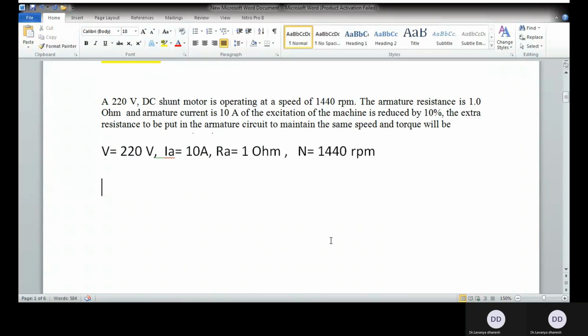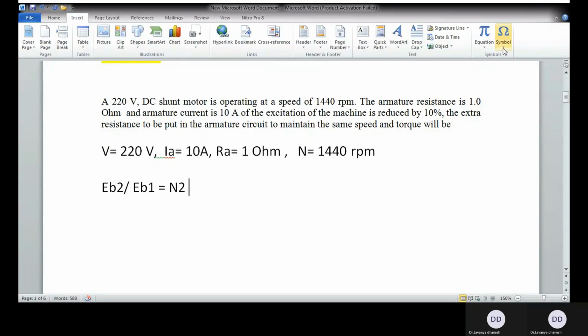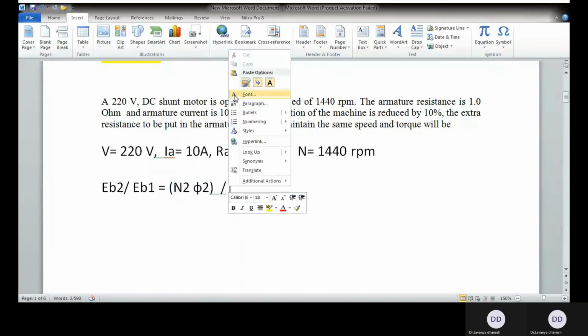Before going there, we should know the formula of back EMF: EB2 by EB1 equals N2 phi2 divided by N1 phi1. The back EMF, the speed and the flux are all related to each other, right?